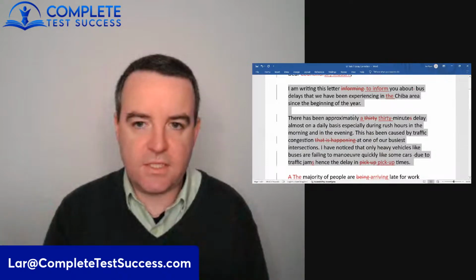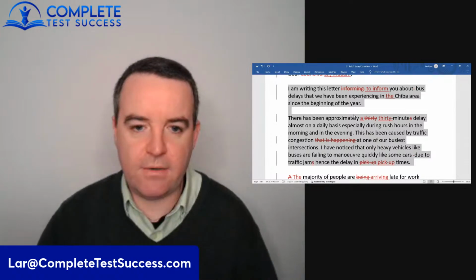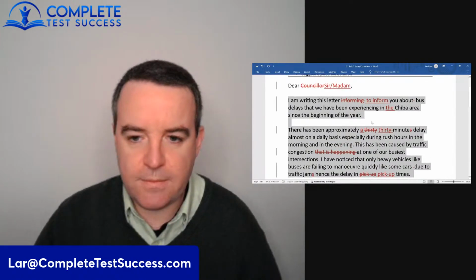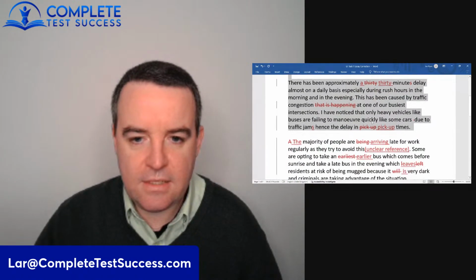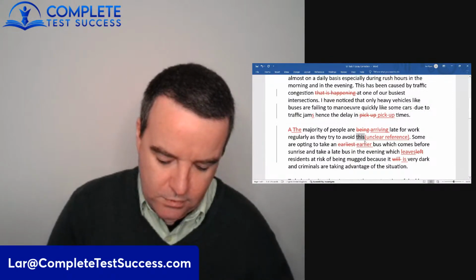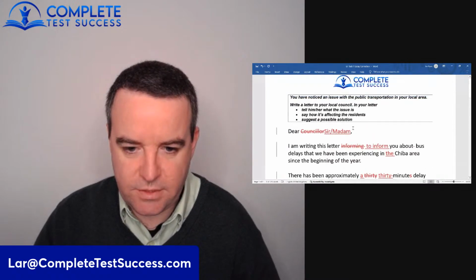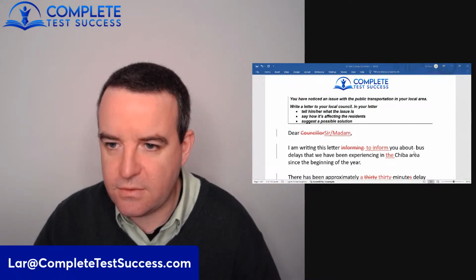That's all a response to one prompt about what the problem is. That should all be together. So that's a problem with the paragraphing. And then the problem with the word this. So that's an unclear reference. So what we're looking at is also a band 7 for the coherence and cohesion score.